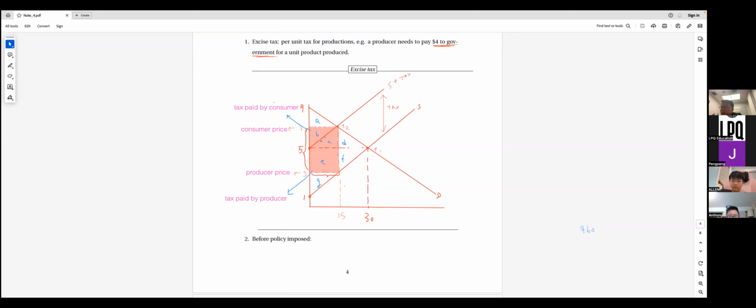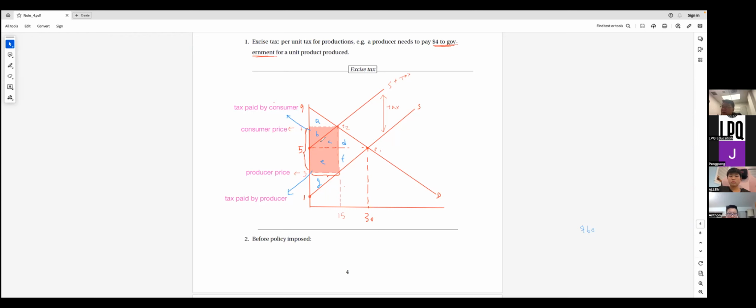Same thing for producers: they paid $30, 50% of the total tax burden. They exactly share the tax burden equally.